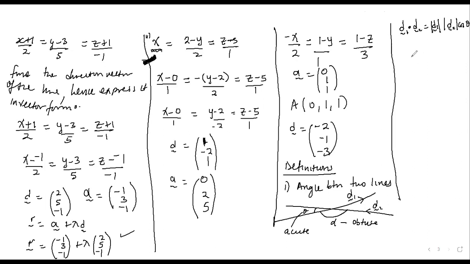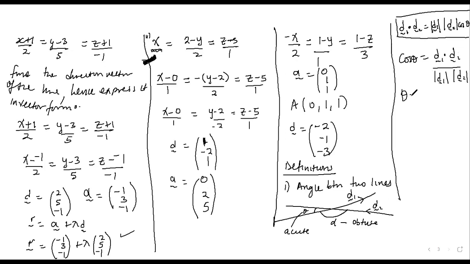So, in case you have those direction vectors, then you can always use this definition to find the angle. So cosine of theta is equal to d1 dot d2 divided by magnitude of d1 times magnitude of d2.